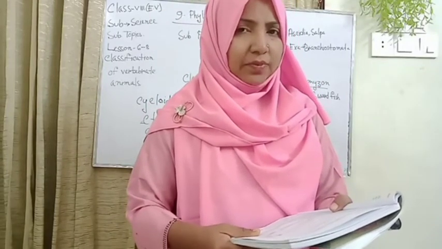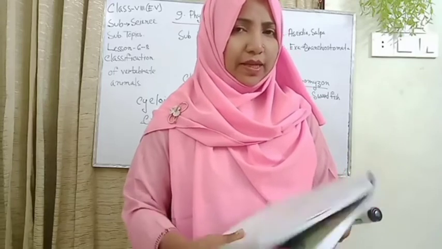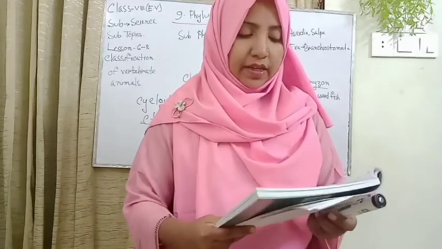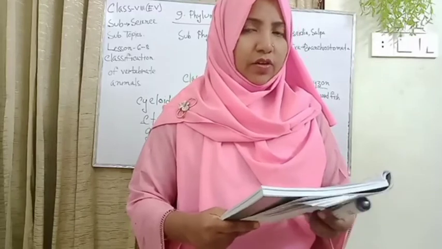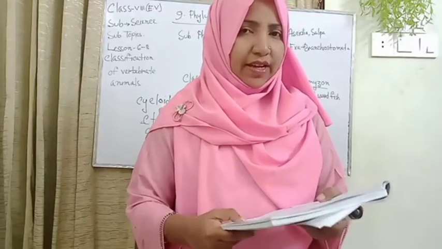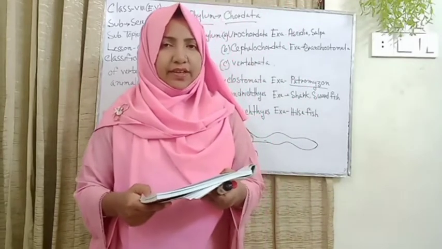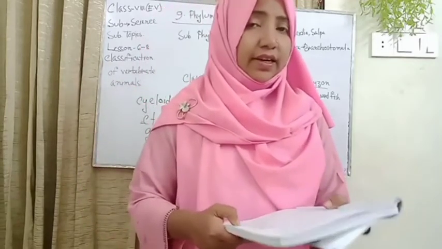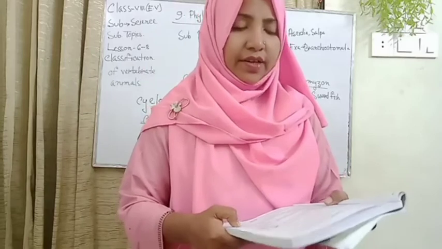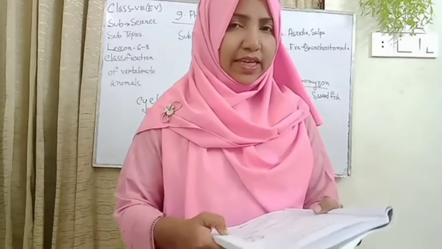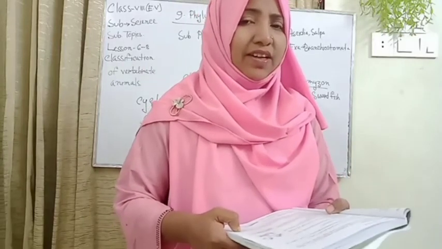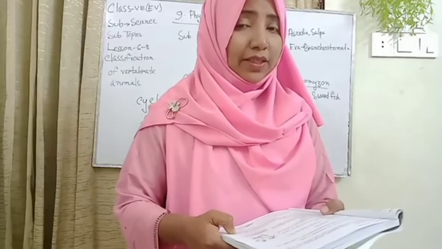Here I explained briefly about the Chordata, which have three subphyla: Urochordata, Cephalochordata, and Vertebrata. Urochordata and Cephalochordata have no classes, but Vertebrata has 7 classes.